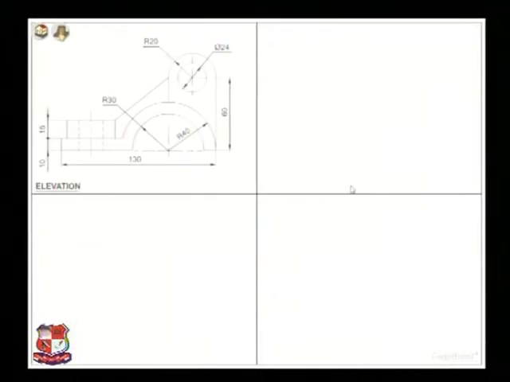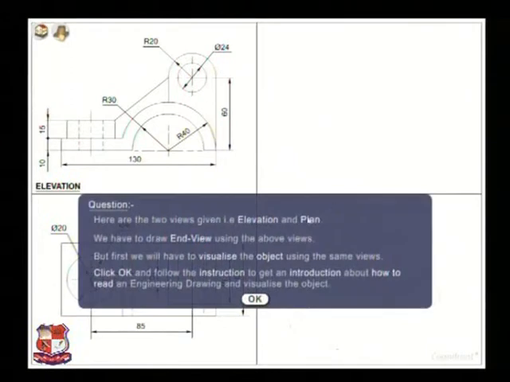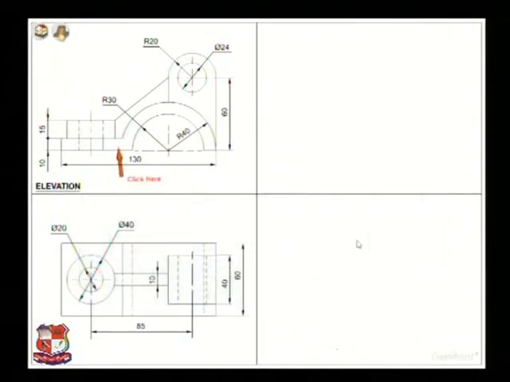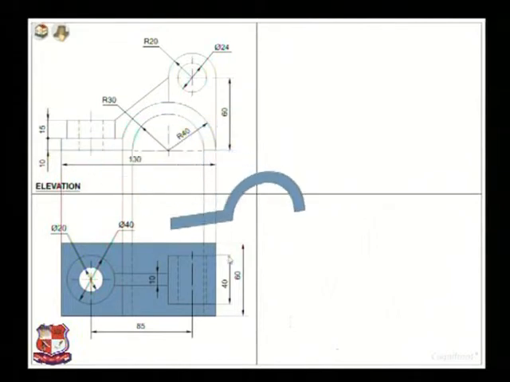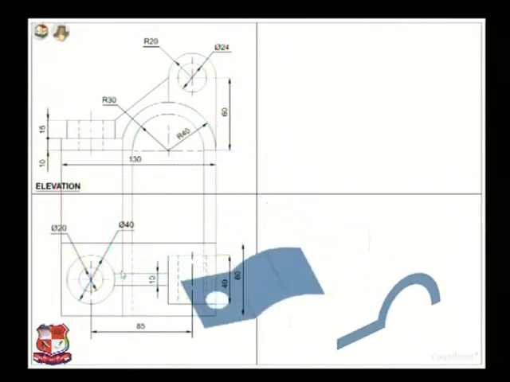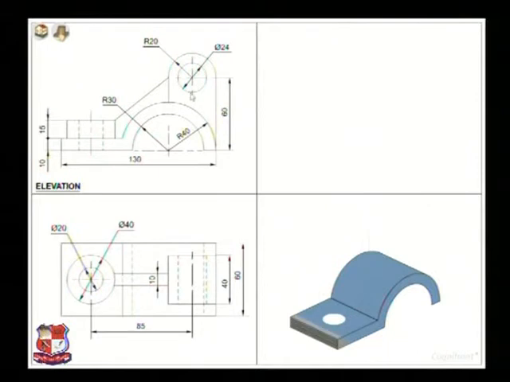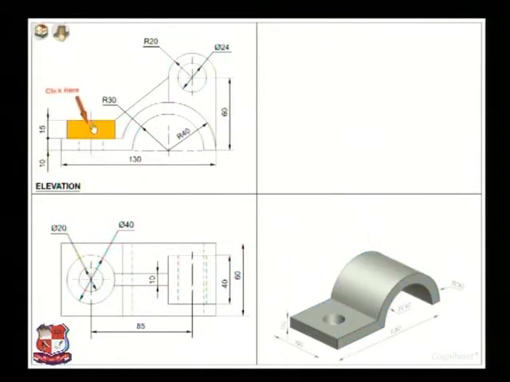Similarly, about missing views, we have seen this object earlier in some other problems. We can see here, this is the portion. To draw the missing view of this portion, you can imagine this would be its shape, and hence based on this shape we can draw its side view by taking projections.